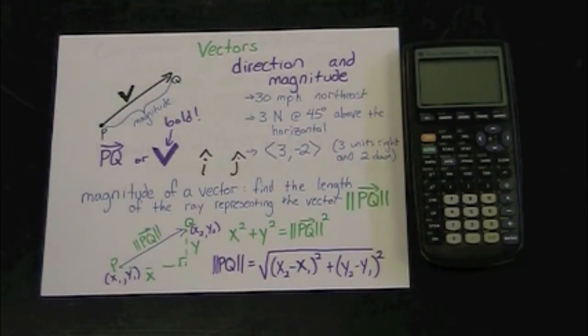You might recognize that we can set this up into an x, y, and PQ sided right triangle and use the Pythagorean theorem to solve this by plugging in x squared, y squared, and solving for PQ from PQ squared. And this is going to look exactly like the distance formula, which it is.